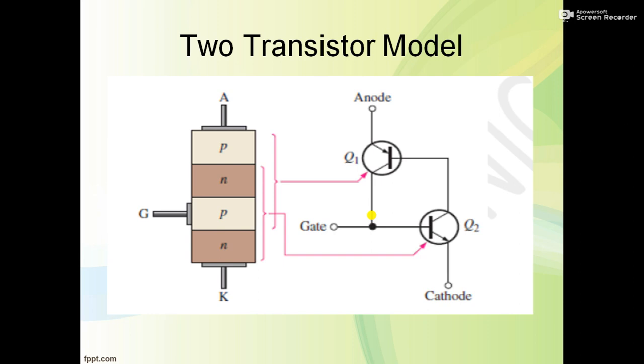So this process continues until all junctions become forward biased. Then the two transistor model of the SCR becomes the on condition.